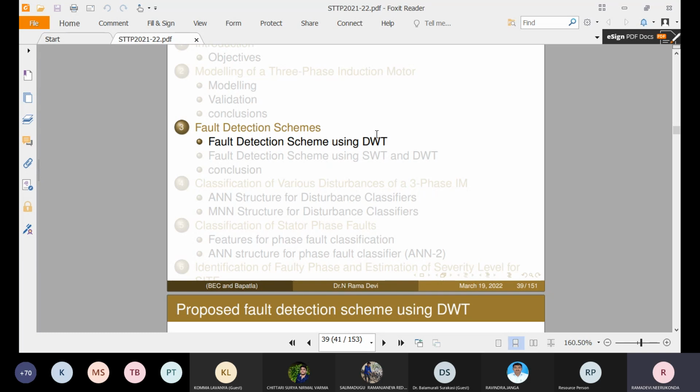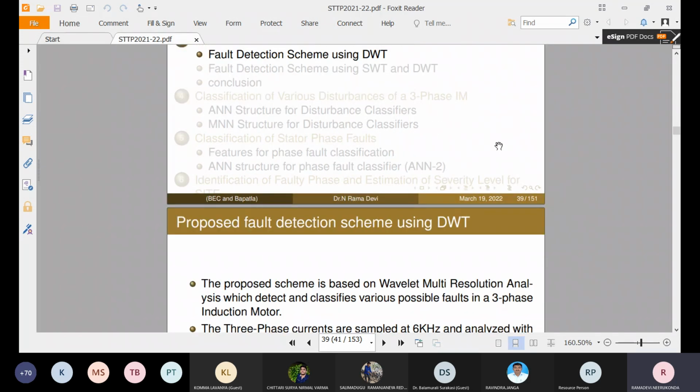Because of that, we go with the discrete wavelet transform instead of the continuous wavelet transform. So here we go through the scheme of the discrete wavelet transform to analyze the signal.